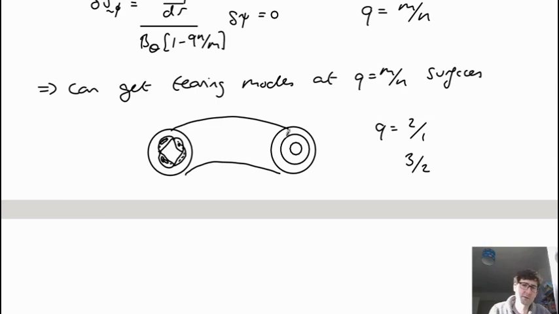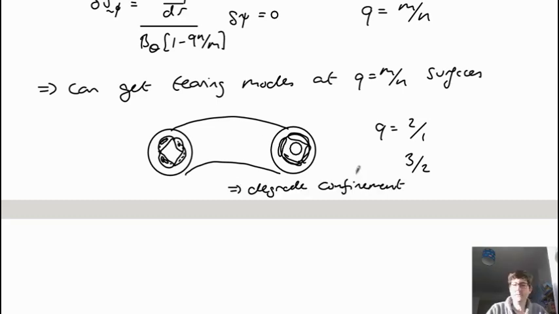So this surface here is now broken up into island chains, and now the particles and heat can move from one side of the island to the other, and so these islands do not confine the plasma as effectively as the nested flux surfaces, and so this degrades the confinement.